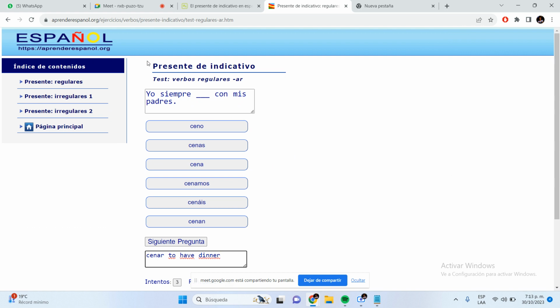So here the sentence is, I always have dinner with my parents. Siempre means always. So which would it be?